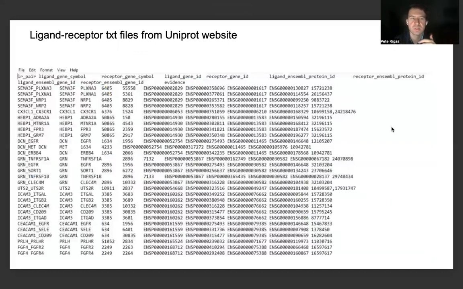And this is just demonstrating some types of additional characteristics from the TXT files from the CellTalkDB website and the UniProt website, in which from this TXT file we can have a gene Ensembl ID, which is given in the leftmost column of this TXT file, as well as the receptor and the gene symbol and the ligand gene ID and the receptor gene ID.